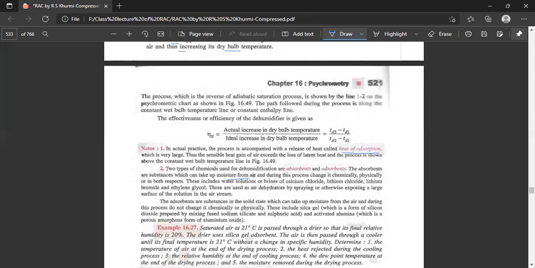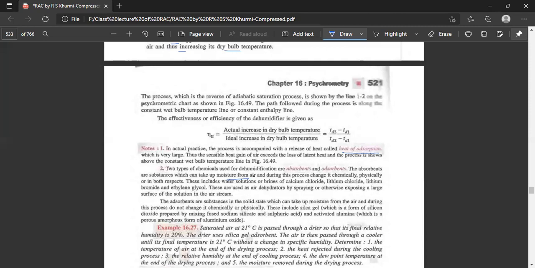So it is air dehydrating, reducing the moisture content, either by spraying it in the airstream or exposing a large surface of solution in the airstream, which actually absorbs the moisture.